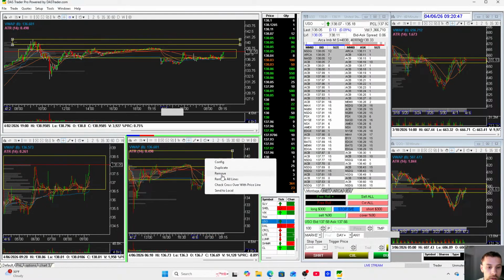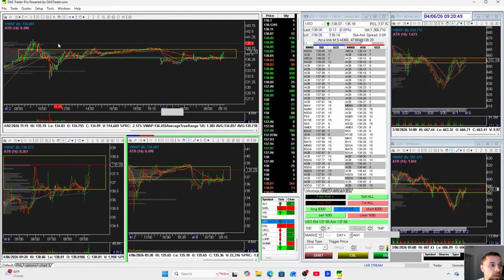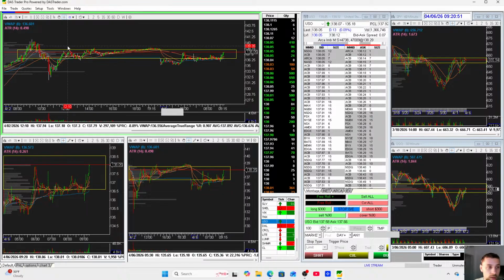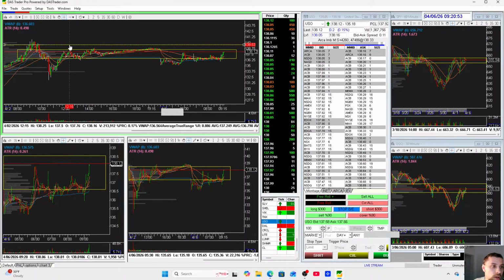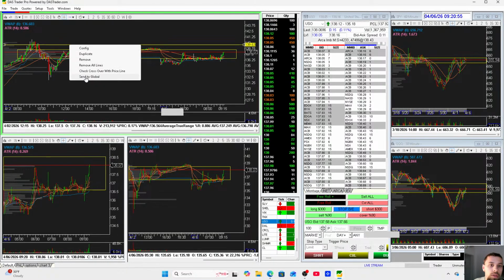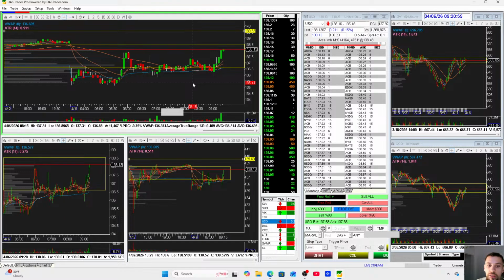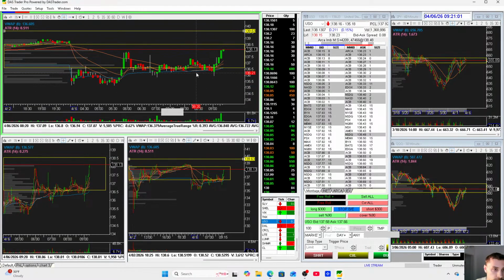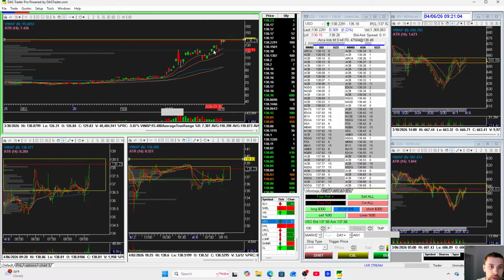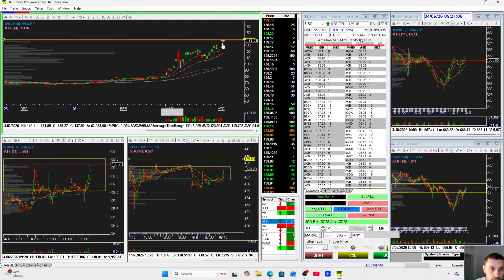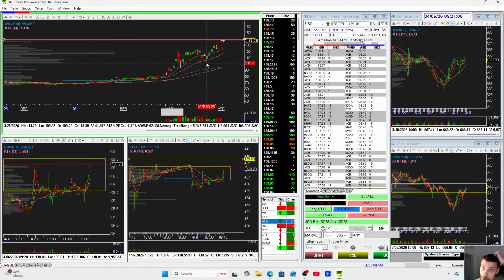Actually, I don't really like this box above like that. Let's just draw a line. So another area of resistance, 139.63. This one's definitely interesting to me. It has moved up so aggressively here. It'll probably go long.